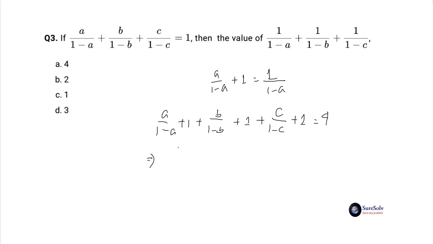Or 1 by 1 minus A plus 1 by 1 minus B plus 1 by 1 minus C equal to 4. Answer is option A 4. Again a quick solution, but this time by pattern discovery. Fourth problem now.